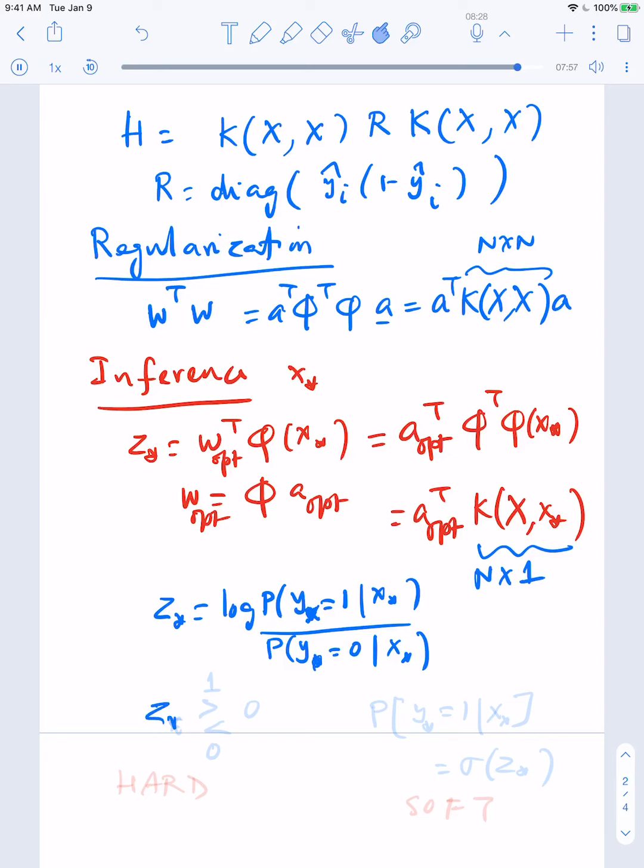So z star bigger than or less than 0, I decide 1 or 0. That's the hard decision. The soft decision is z star itself, or you can output the probability of y star equals 1 given x star as sigma of z star. So this is your hard decision and this is your soft decision. There's nothing new about that, but I just want to mention it.